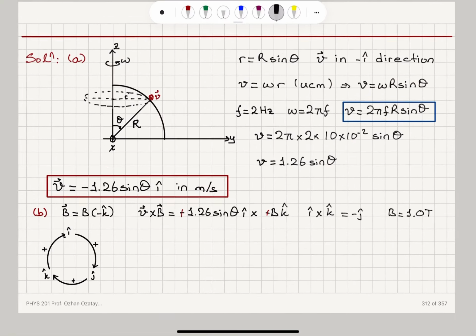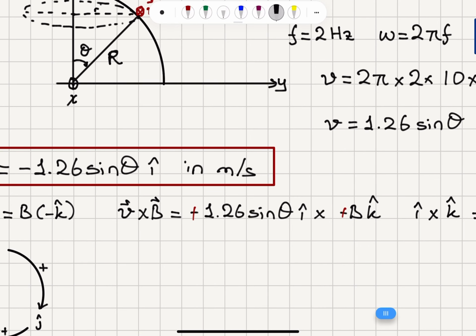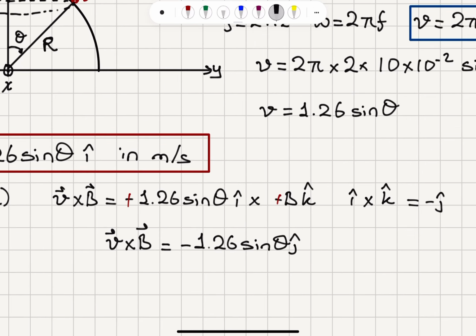So we find that the vector cross product v cross B is minus 1.26 sine theta j hat in Tesla meters per second.